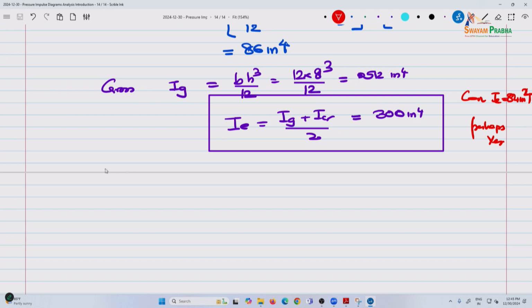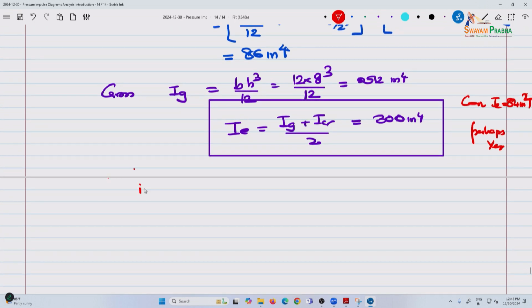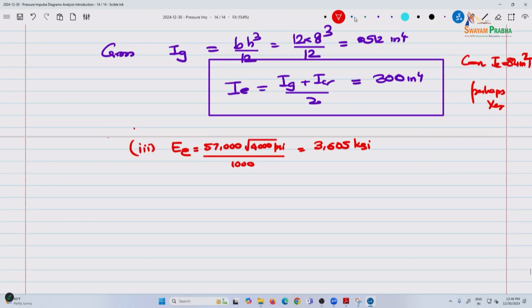So, therefore, now EC, as I had mentioned, is 57,000 square root of 4,000 psi, divided by 1,000 to get KSI. So in your own units, you can calculate E sub C, E of concrete. So we now calculate the first value.